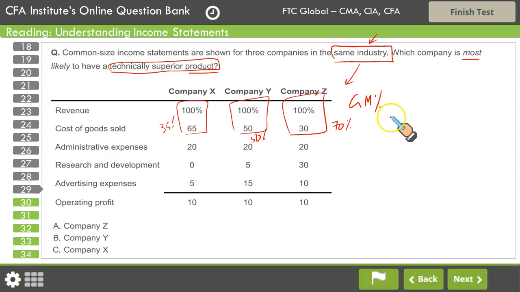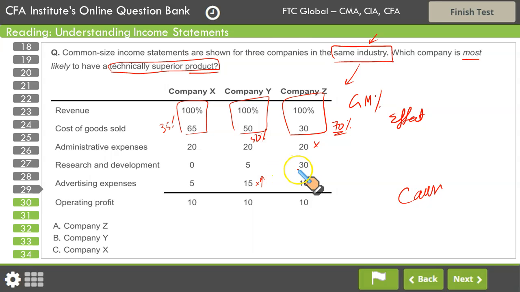If this is the effect, higher profitability, what is the cause? I need to know the cause. Administrative expenses are all the same, so we don't see the difference in these. Advertising, more or less the same.